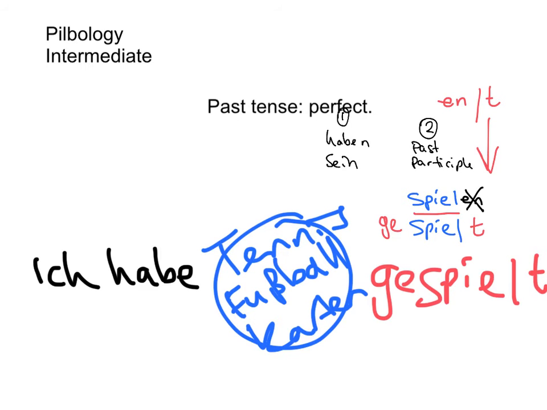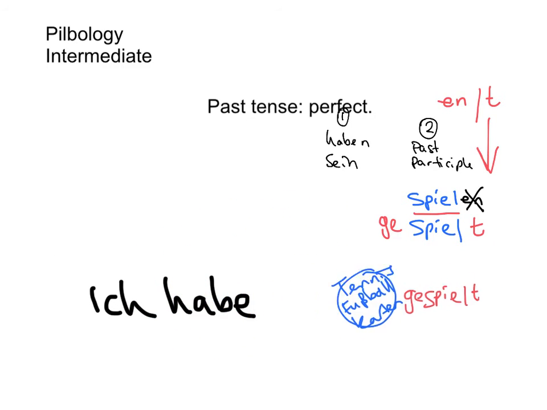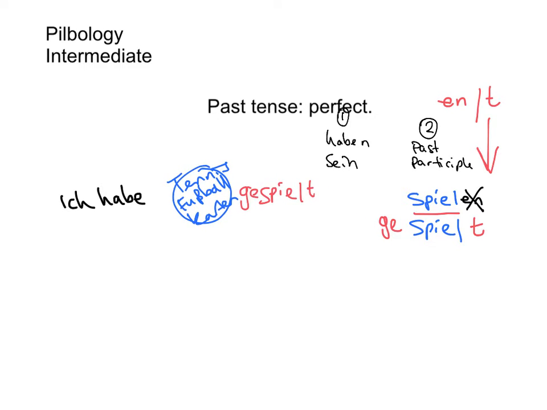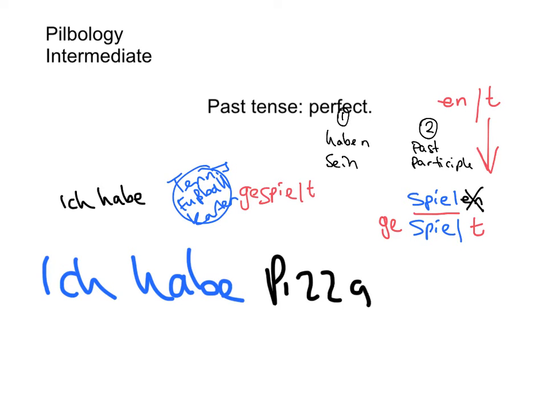Now you'll notice that with that example, and I will clear that up now, with the pizza, ich habe Pizza, with capital P, gegessen. Okay, so you can see for the first time an en ending, right? So it's either going to be the t or the en.